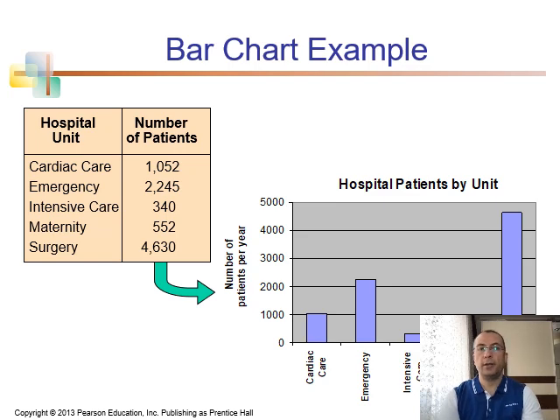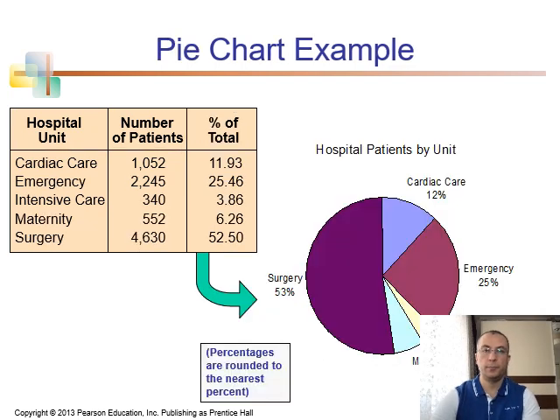So this is a bar chart example. Actually, this is the same example that we had. It's about hospital patients. And as you can see, cardiac care has about 1,052 patients, emergency is about 2,245 patients, and the largest is surgery, about 4,630 patients.